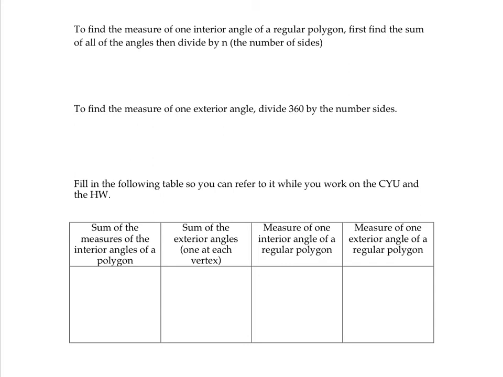Okay, so this means that with a regular polygon, we can find the measure of each interior angle and each exterior angle. So to find the measure of one interior angle of a regular polygon, first find the sum of all the angles. That you're going to find by doing n minus 2 times 180, and then you divide by the number of sides. For example, let's say we want to find the measure of each angle of a regular hexagon.